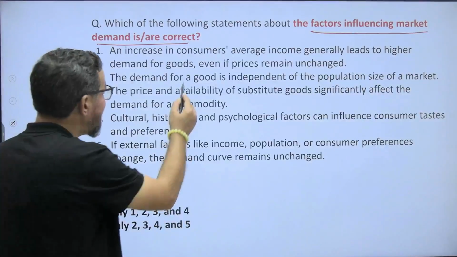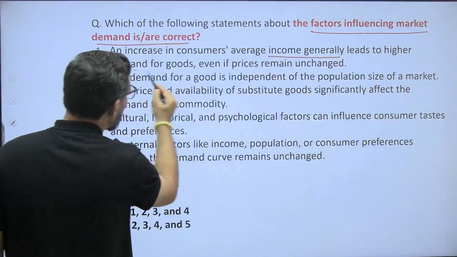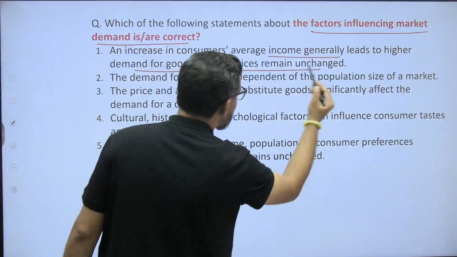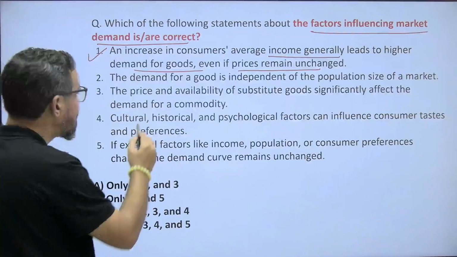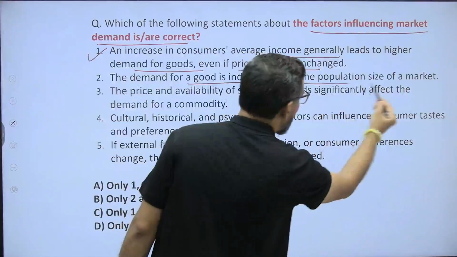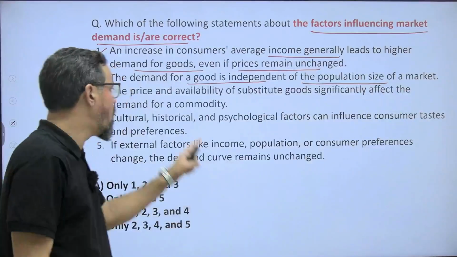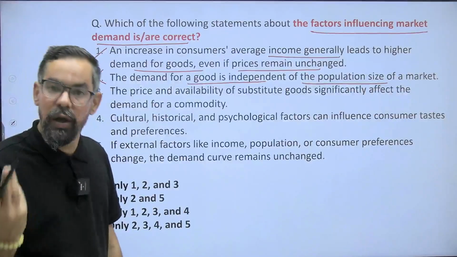An increase in consumers' average income generally leads to higher demand for goods even if the prices remain unchanged. True, this is the income effect. The demand for goods is independent of the population size. No, this is wrong. Why is this wrong? As population increases, quantity demanded will also increase.